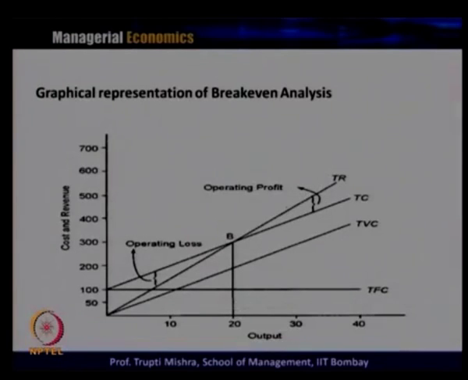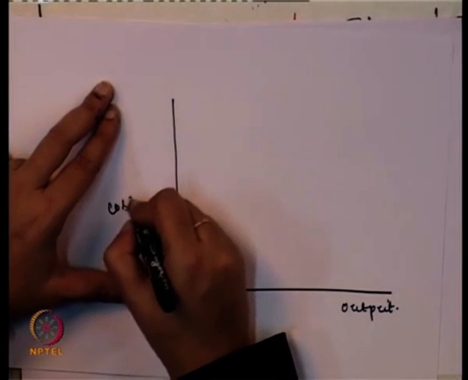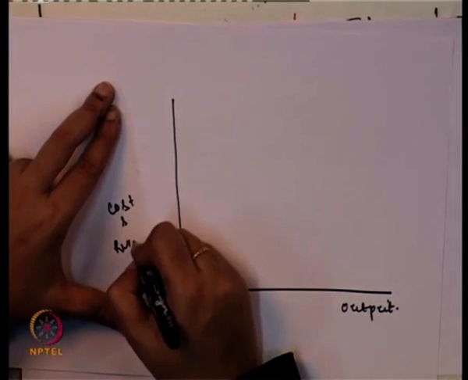Now, when you look at the graphical analysis of this, look at the total revenue, total cost, total variable cost, total fixed cost. Output is on the x axis, cost and revenue are on the y axis.